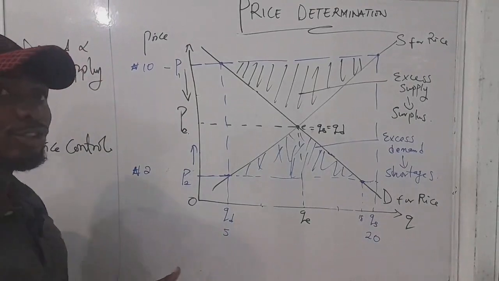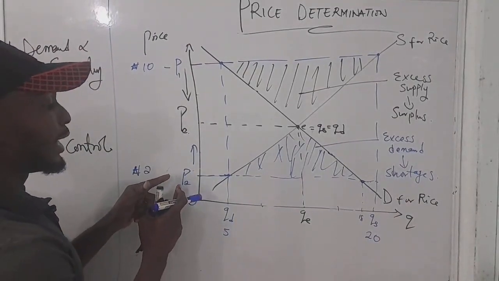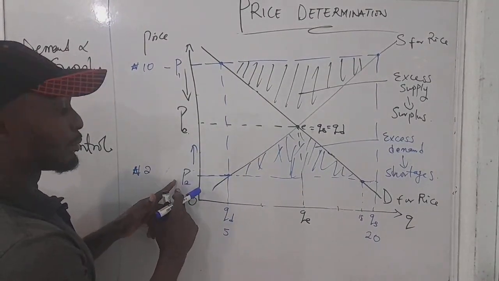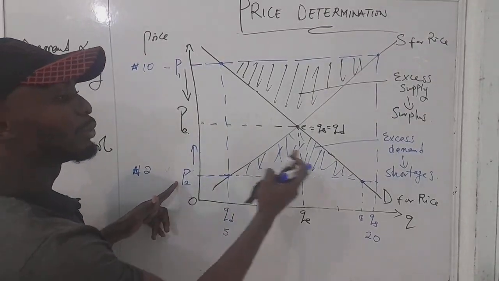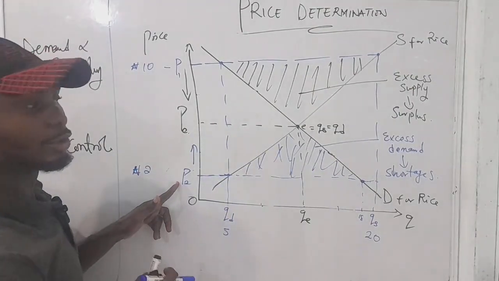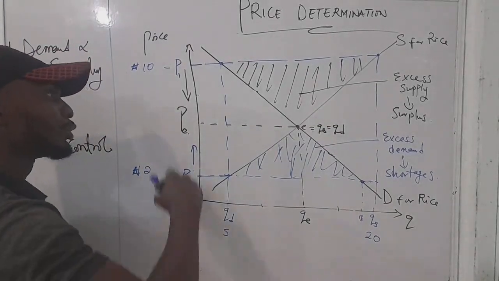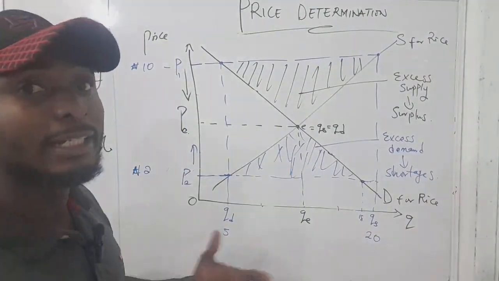And then the reverse is true whenever we have a fall in the price lower than the equilibrium price. When the price has gone below the equilibrium price, we have the case of a shortage. So in any market where you have a shortage, the price of the product will start going up. This explains what happens basically in every market.